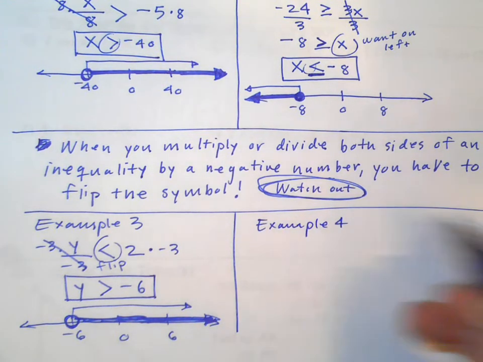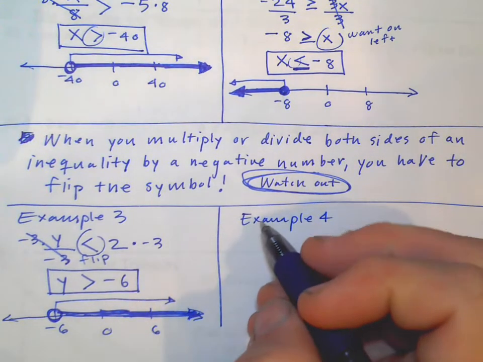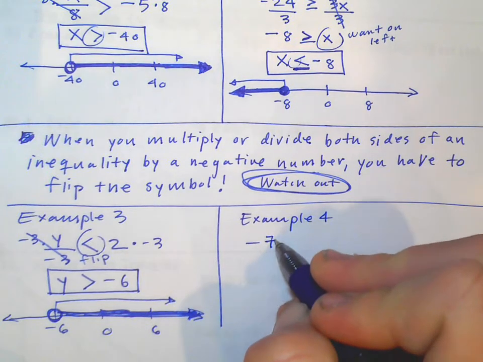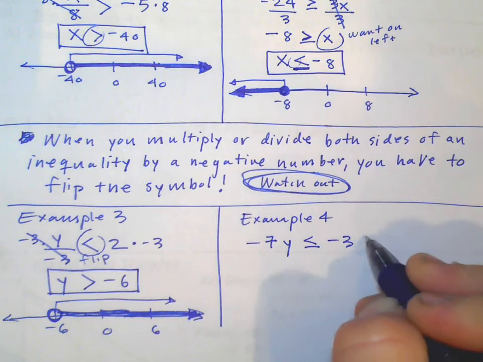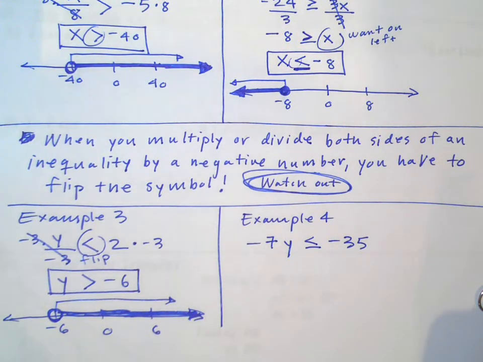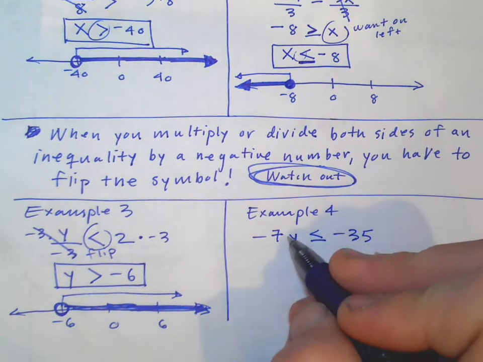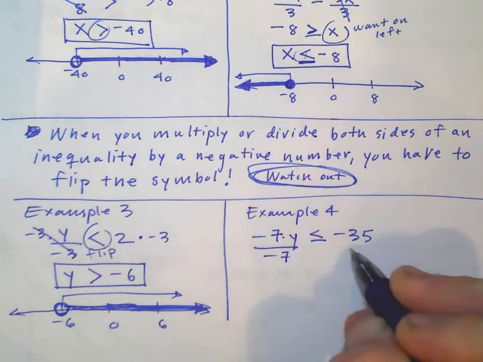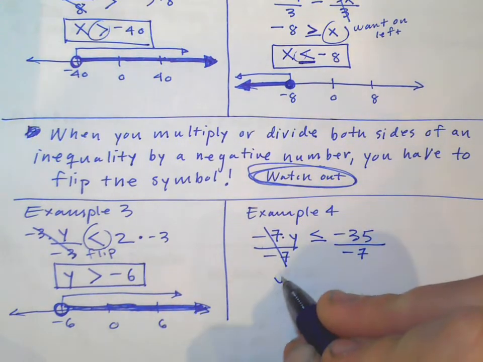Example 4. Let's see. Negative 7y less than or equal to negative 35. So if we want to get y by itself, we have to undo the multiplication. So we divide by negative 7. We want to divide by the negative also, otherwise there'd be a negative left over there.